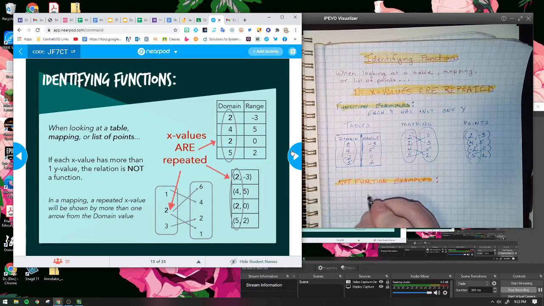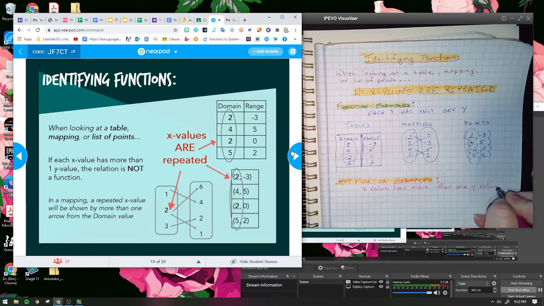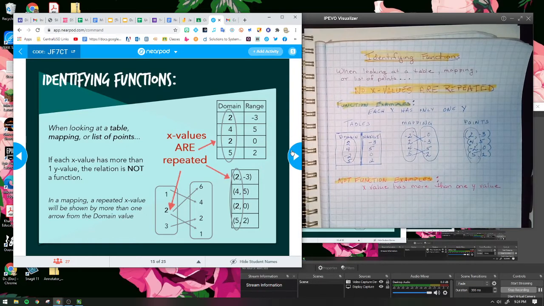I have my note, just like I have this note here: an x value has more than one y value. So it's kind of like you're dating a whole bunch of people.